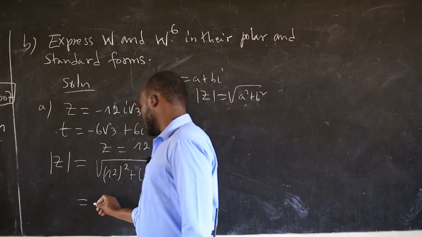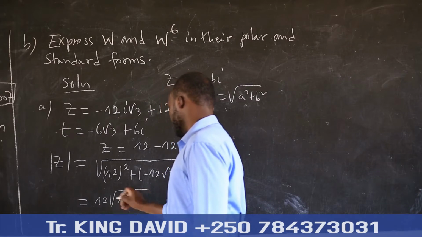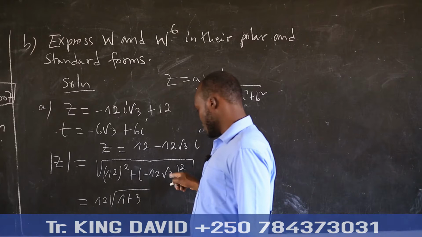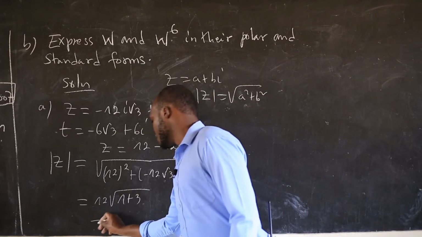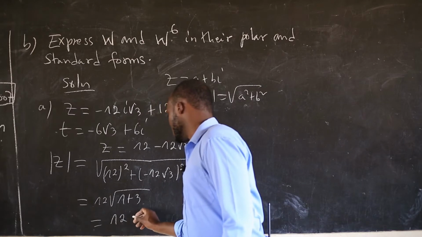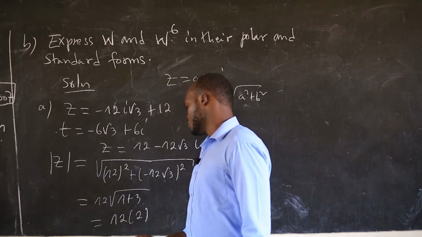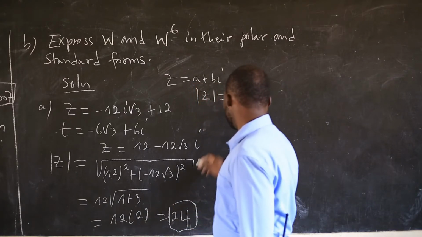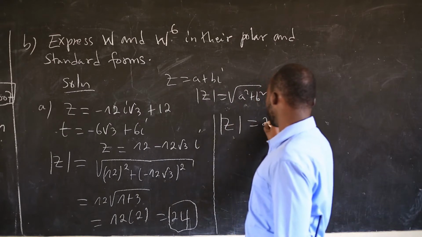This is the same as 12 root of 1 plus 3, because root 3 squared is 3. So finally this is 12 into bracket, root 4 is 2. So the answer is 24. So now the modulus of z is 24.